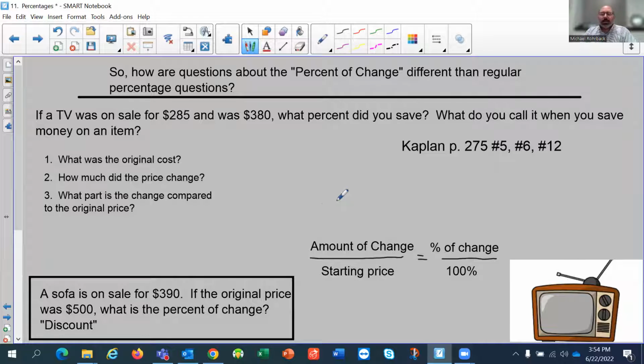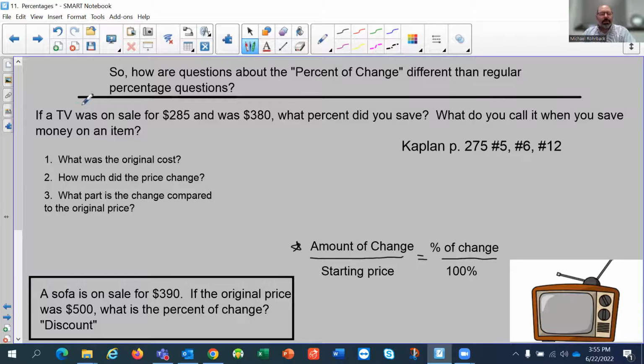It could be changes in anything. But you're putting the amount of change over whatever it started as, whether it's weight or price or height or something like that. So you're finding the percentage that's equal to the change, not the percentage that necessarily is coming out of the question. So we're going to do this one on my computer first, and then we're going to do these three in Kaplan.